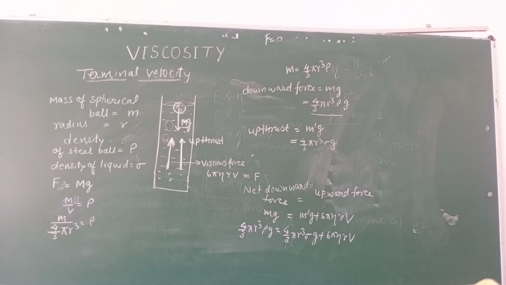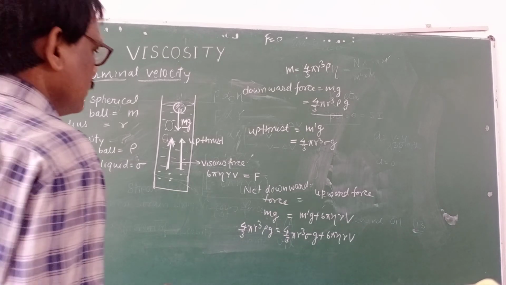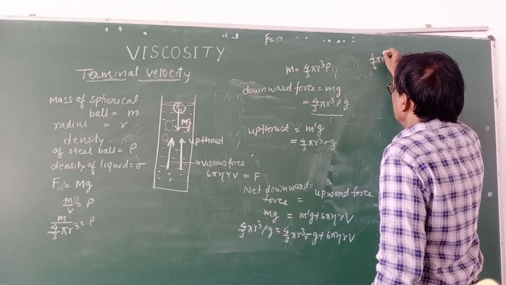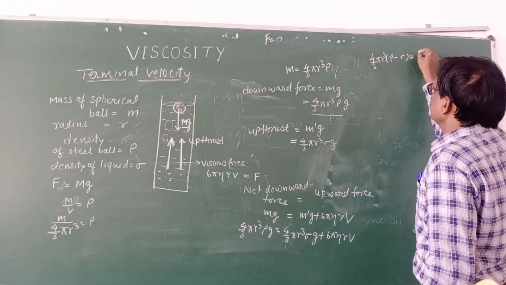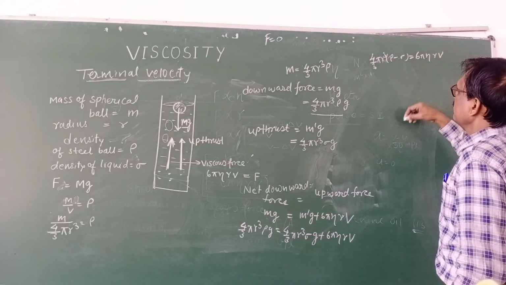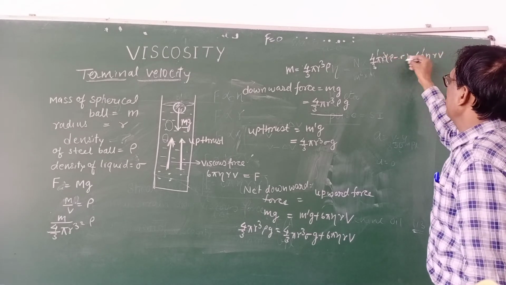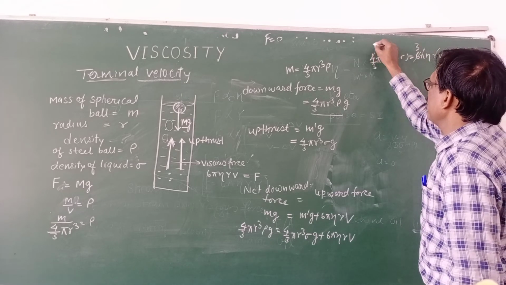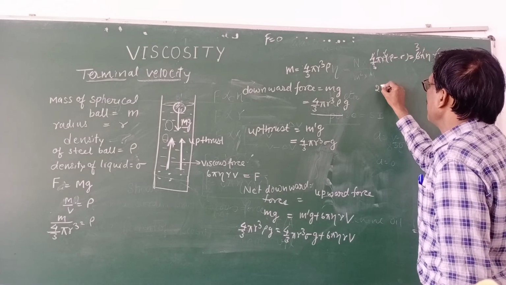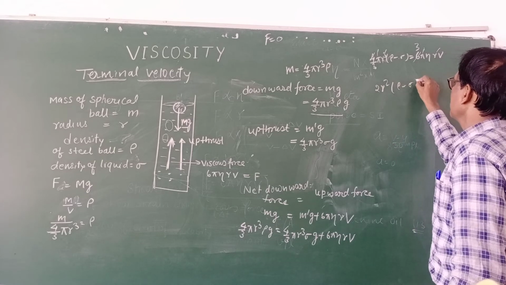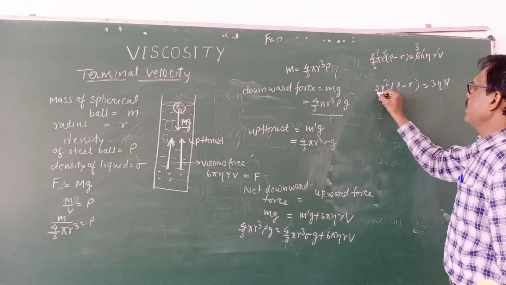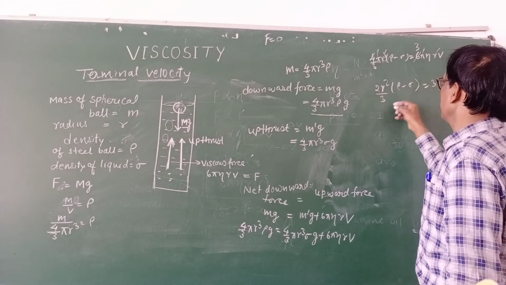Now we can do more calculation. Just 1 minute. You transfer this here. 4 by 3 pi r cube (rho minus sigma) g is equal to 6 pi eta rv. Pi cuts, 1 r will cut, 2 3s are 6, so 2 r square (rho minus sigma) g is equal to 9 eta v, with 9 eta in the denominator.